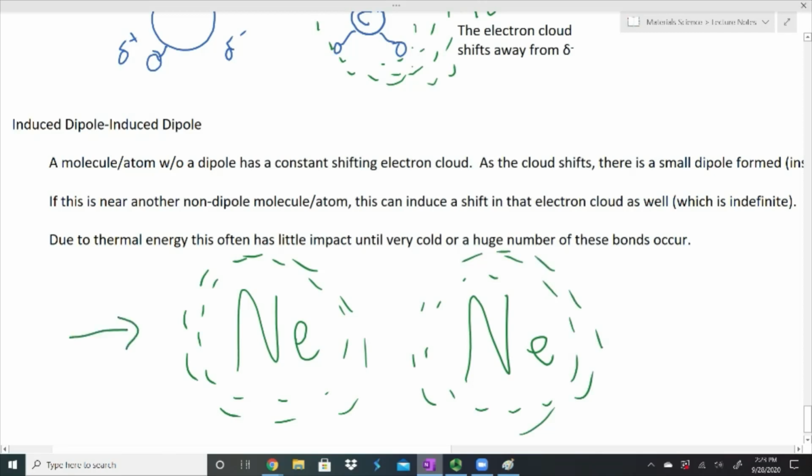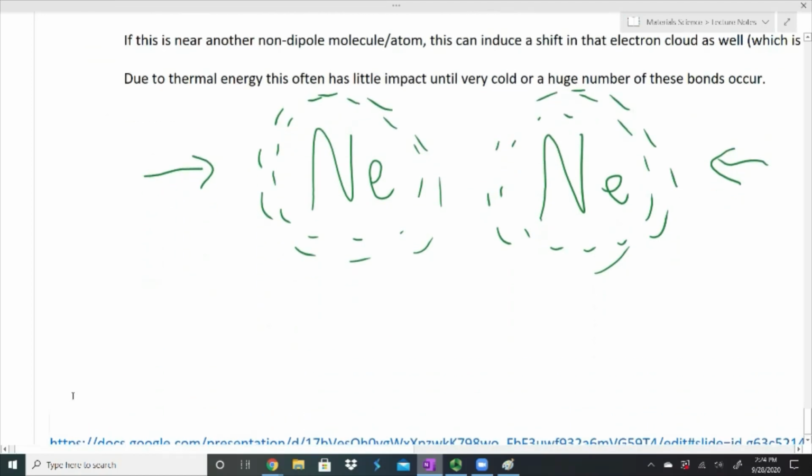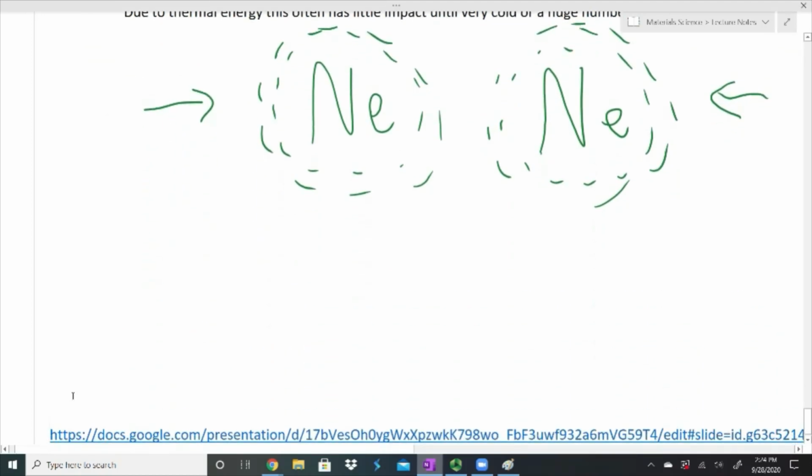But as we push these together, as these electron clouds somewhat start shifting, what's going to happen here is, I'll draw a new picture here. This neon, let's say, gets an instantaneous dipole. A little bit more negative charge ends up on one side of the atom than on the other.